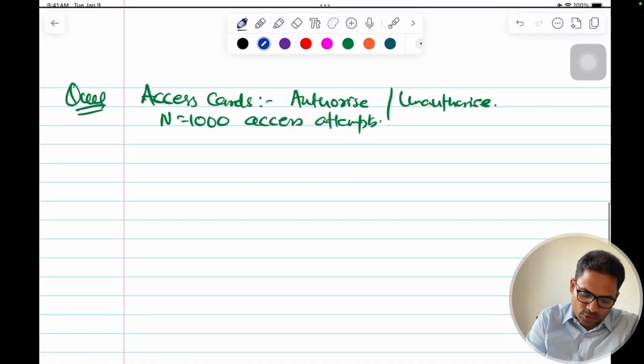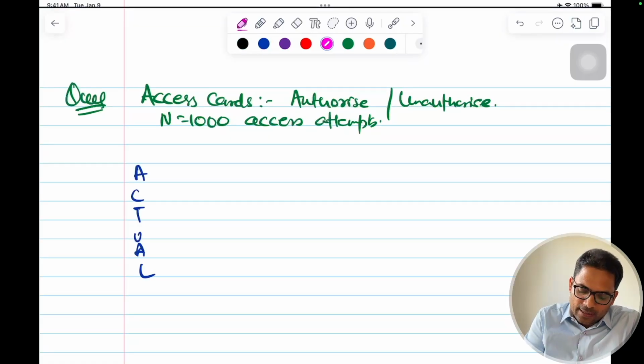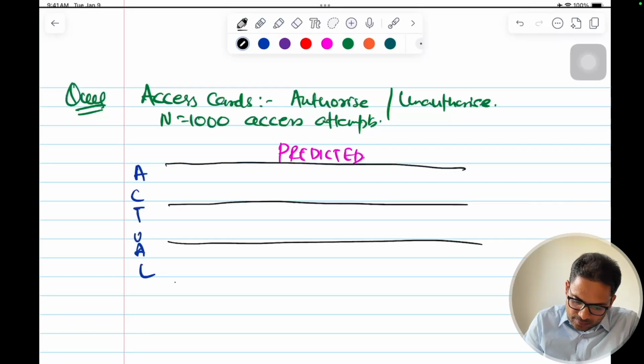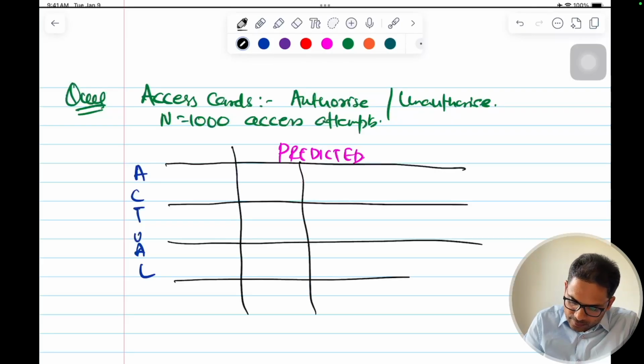Now let's draw the confusion matrix for this. On this side I'll put my actual data, here I'll put my predicted data, and then let's draw the matrix. Something like this.